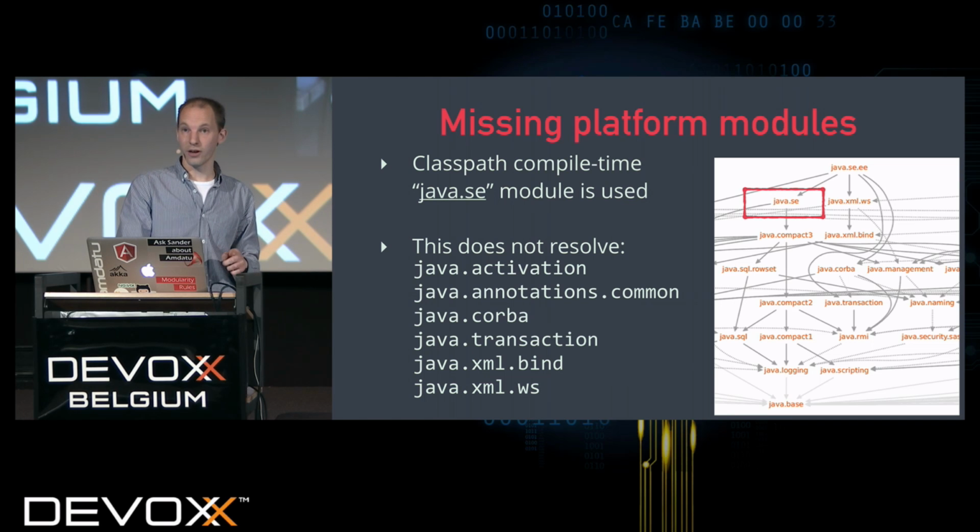And what happens at compile time when you compile code on the class path on Java 9 is that it takes Java SE as the root module of all the visible modules that you compile against, and not Java SE EE. And that is why our code, by default, cannot see the java.xml.bind classes.